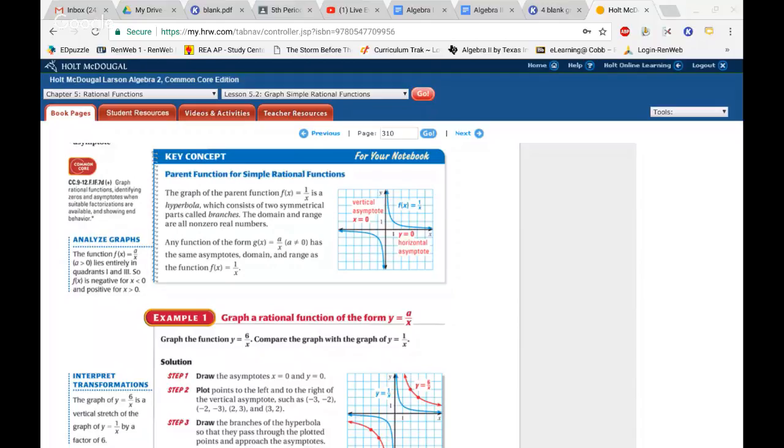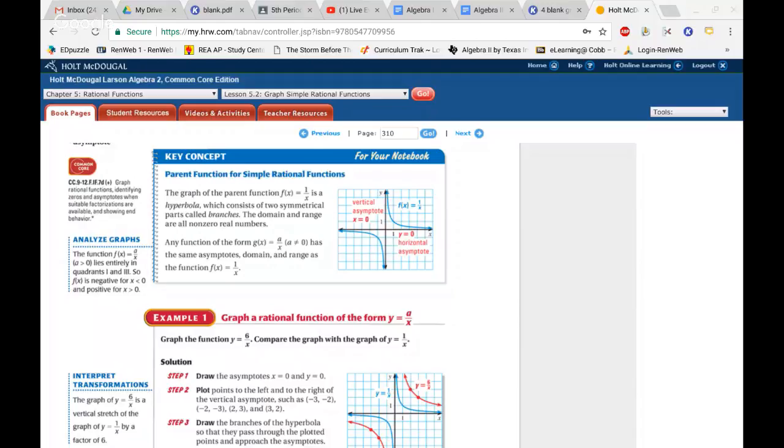And then the asymptote is where the curve is never going to touch it. Basically, that means any place where it would be undefined. Like in the parent function that's in the key concept there on the screen, x can never be 0 because we can't divide by 0.